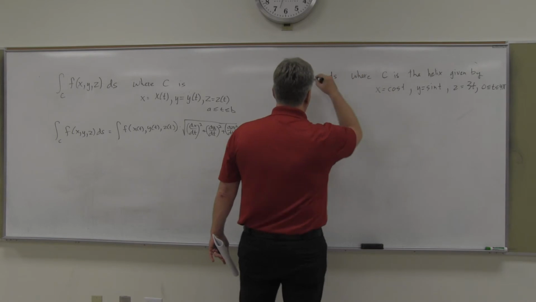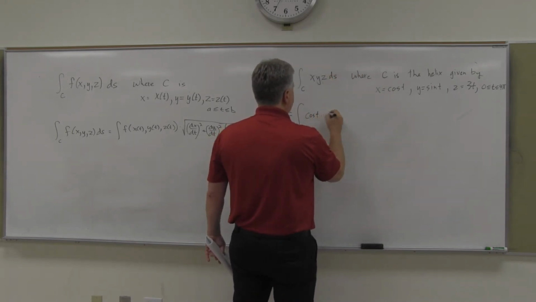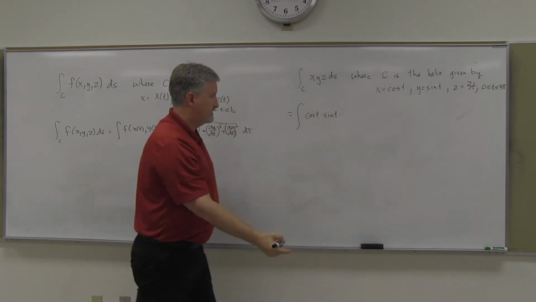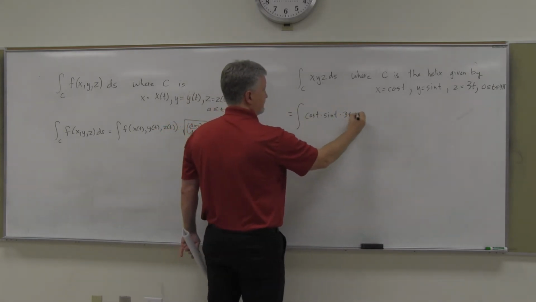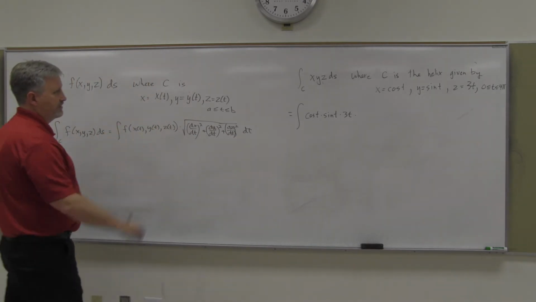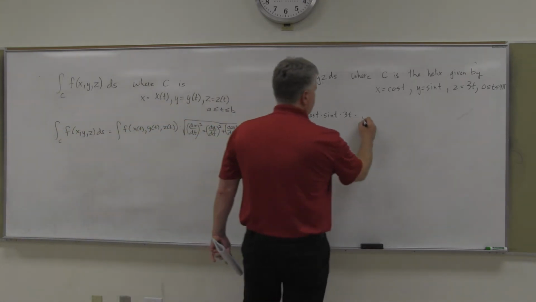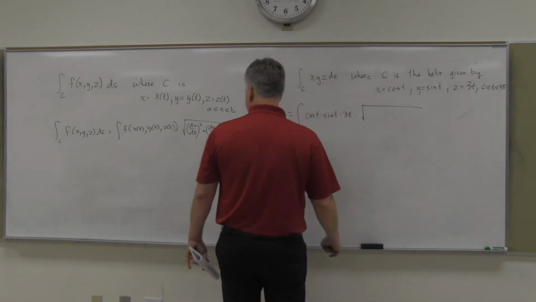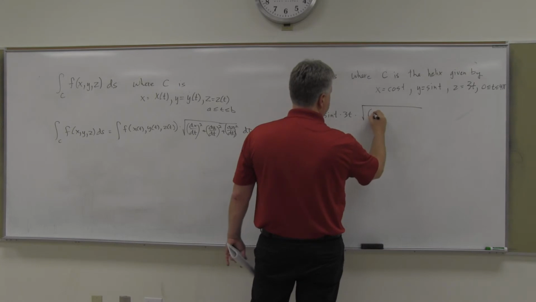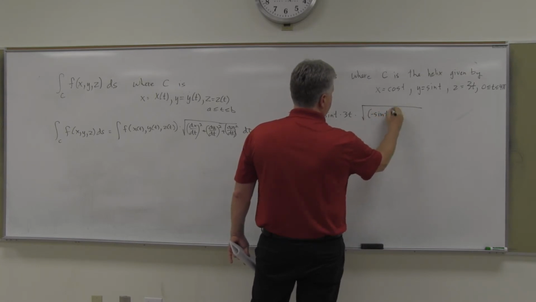All right, so here we go to the conversion, making sure we're evaluating it. x is cosine t, so we have cosine t. y is sine t, so we times sine t. And then z is 3t. Then the rest of it, you do the square root of the derivatives. The derivative of x is negative sine t, so you have negative sine t squared.